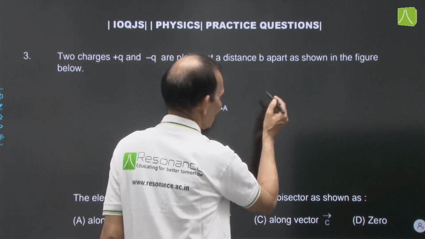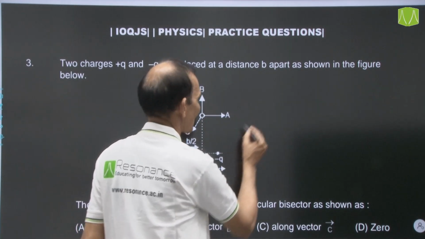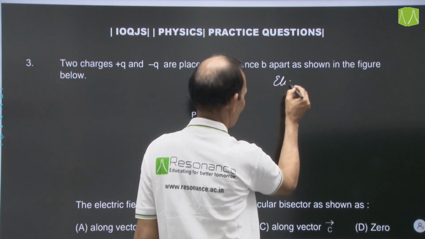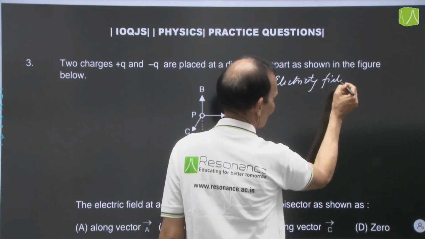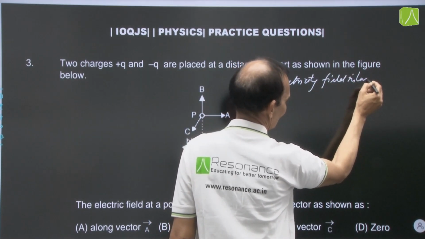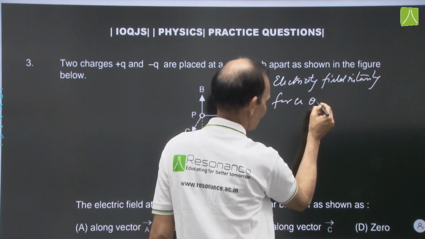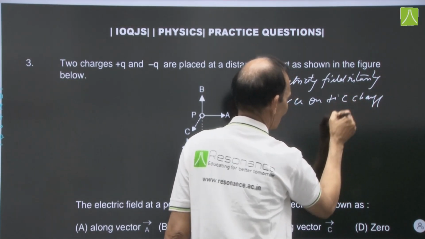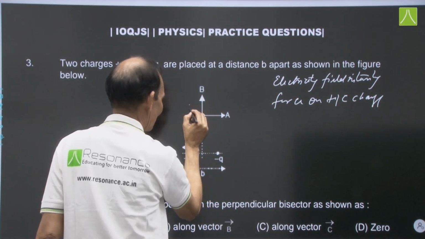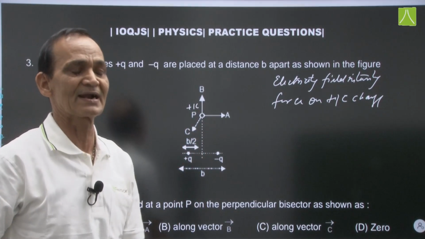We have to find the electric field intensity. It is the force on plus 1 coulomb charge. It means here we have to place plus 1 coulomb charge. Then we have to find the net force.